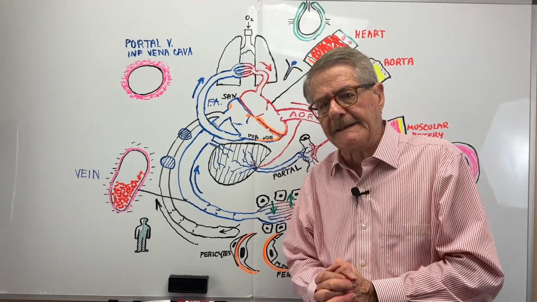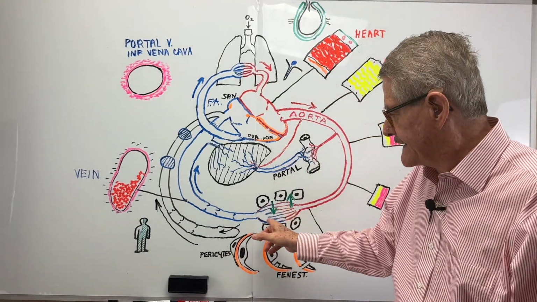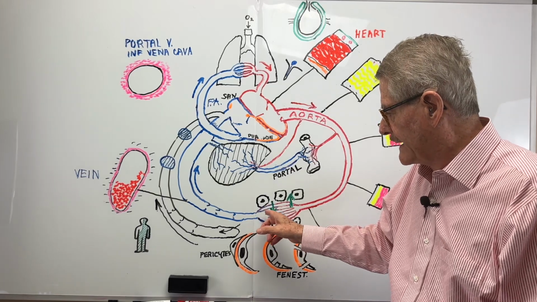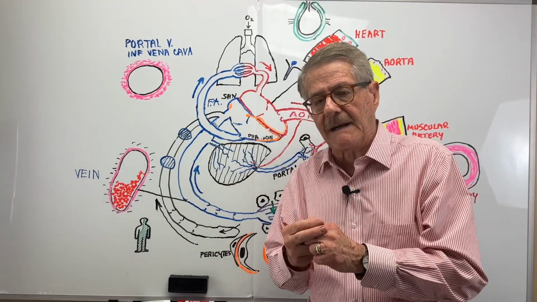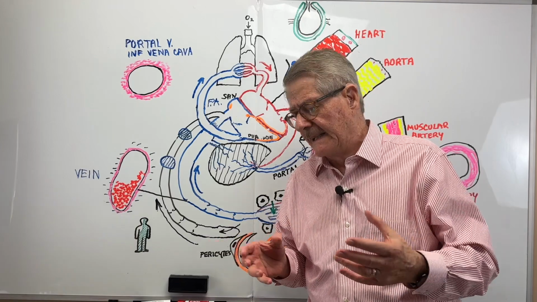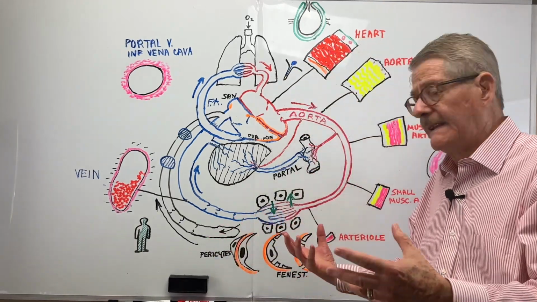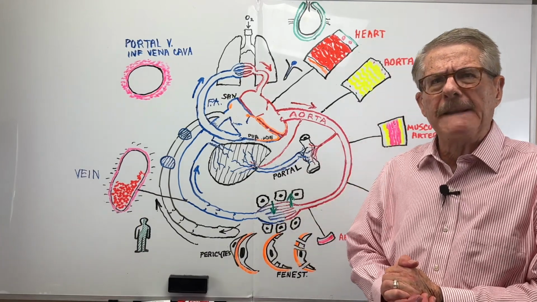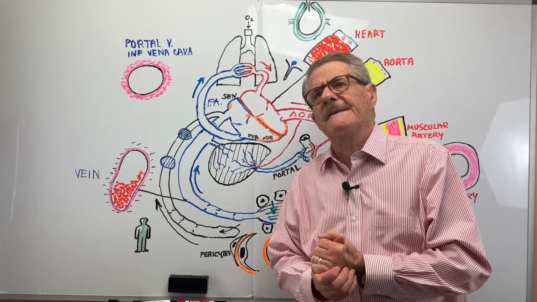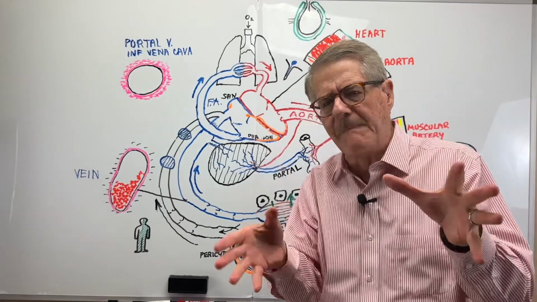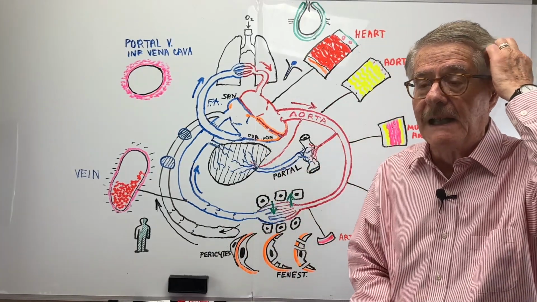Also, another detail is that the veins that are being formed immediately after the capillaries are dilated, and I call them the post-capillary venules or collecting venules. They are a little bit peculiar because their histology is quite similar to that of a capillary.